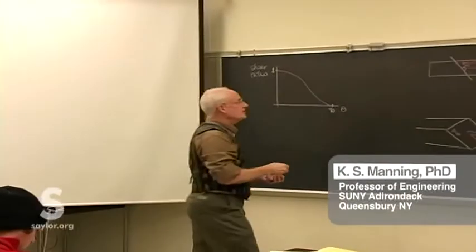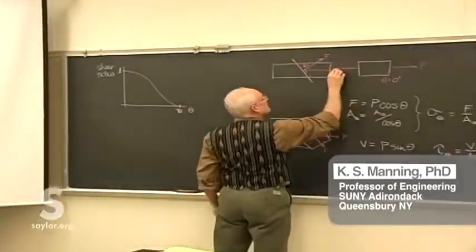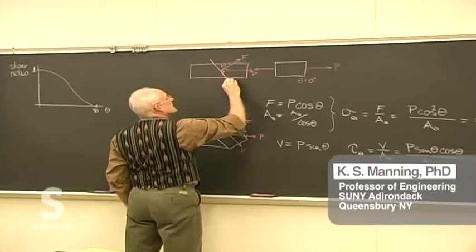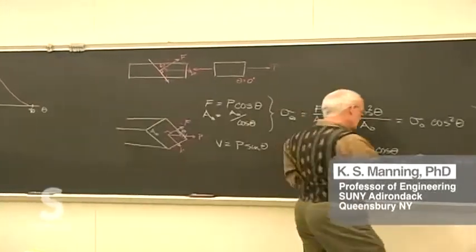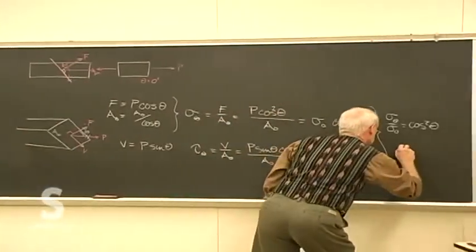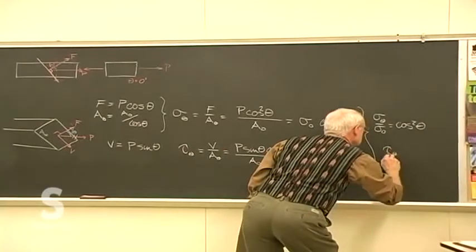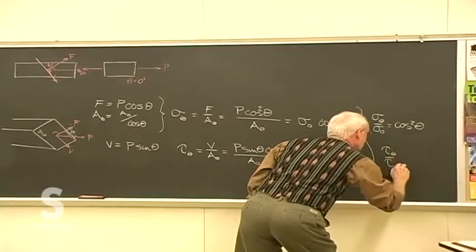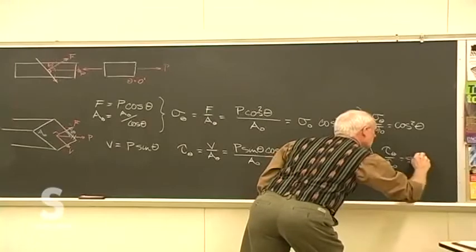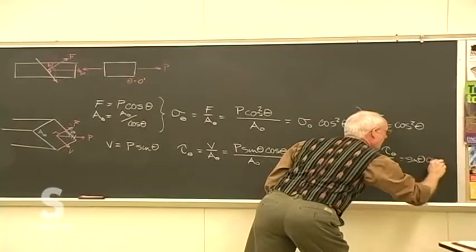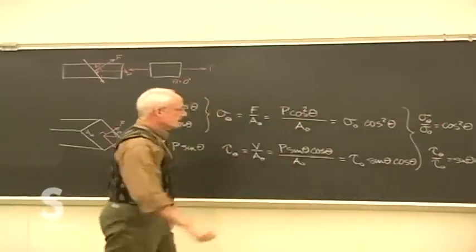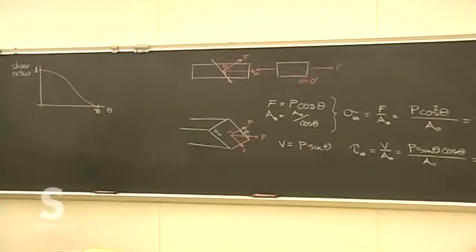When we look at the shear force, however, across that face, and do the same kind of thing we did previously, tau theta over tau 0 is sine theta cosine theta.